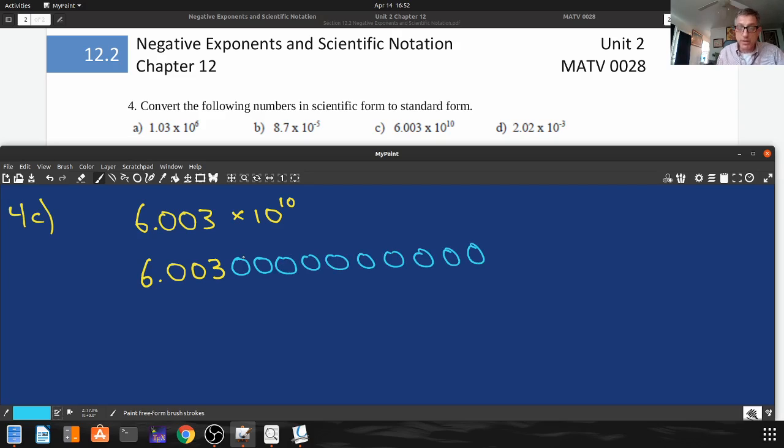That's going to be more than enough. But it doesn't matter if it's more than enough. What I have over, I will just move. So I'm going to take my decimal and I'm going to move it 10 places to the right. So there's 1, 2, 3, 4, 5, 6, 7, 8, 9, 10. Put it right there. And I can erase my zero space.